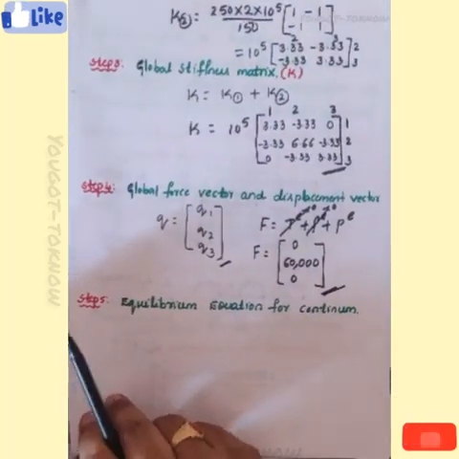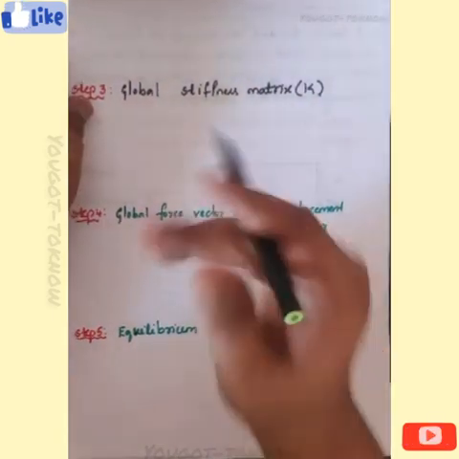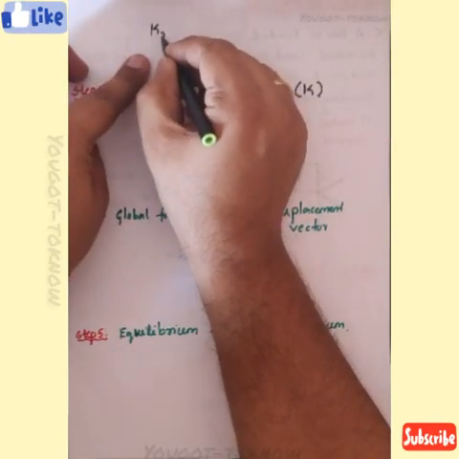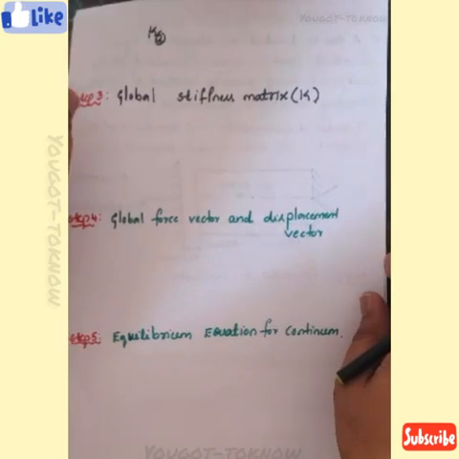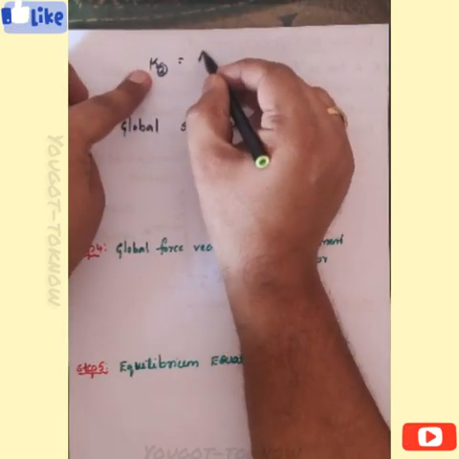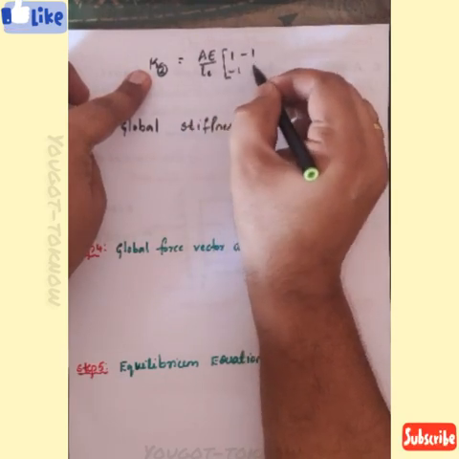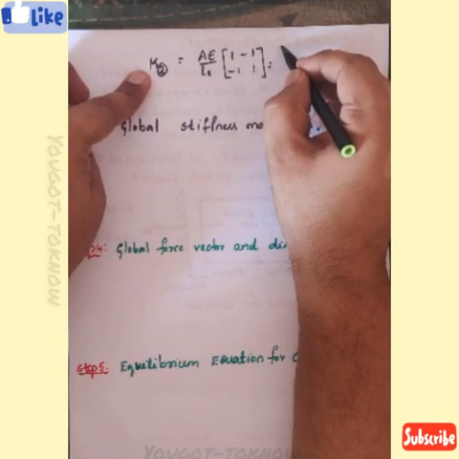Now repeat the same thing for the second element. K2 equals AE by LE times [1 -1; -1 1]. What is the area of the second element? 250 only.